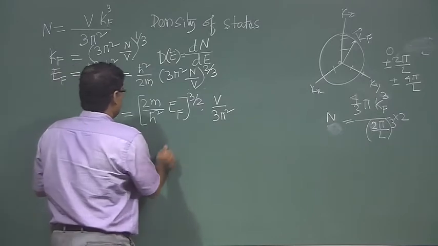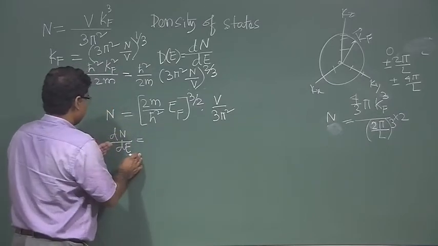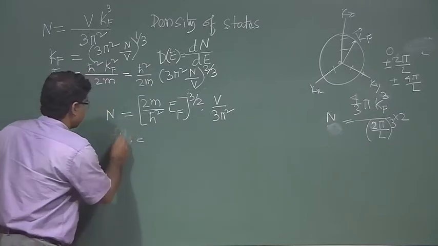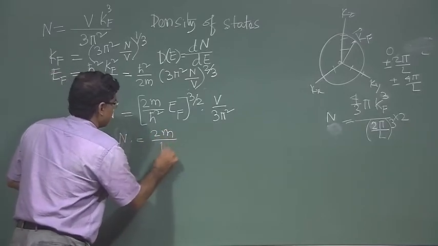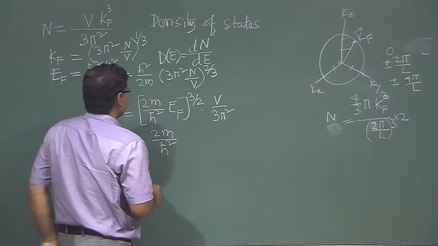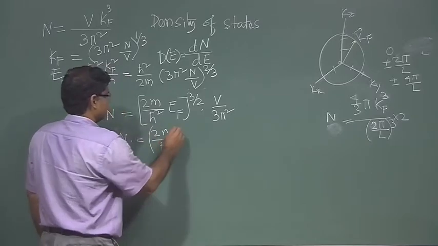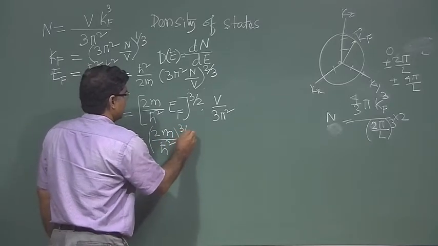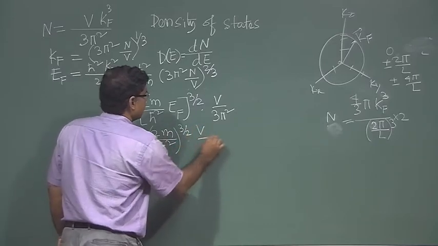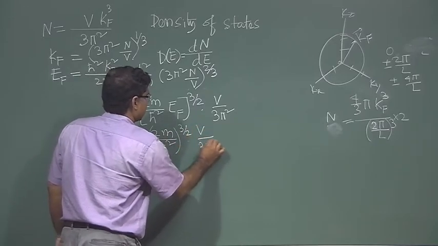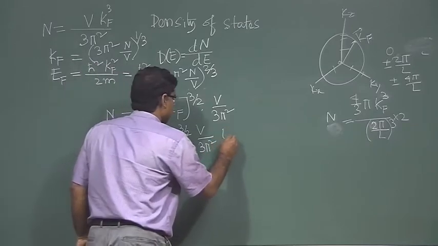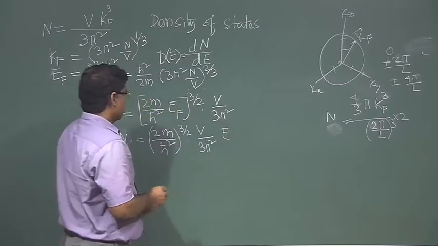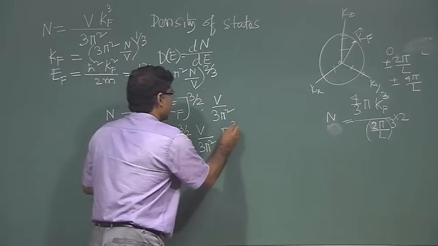So, if I consider this, okay, I think I should write n equal to 2m by h cross square 3 by 2, then v by 3 pi square, then this E to the power 3 by 2.